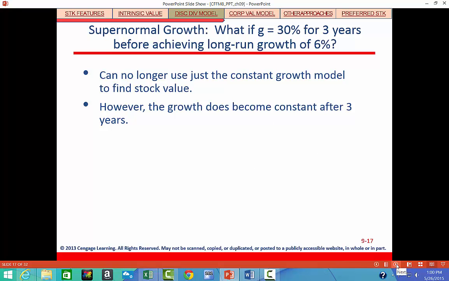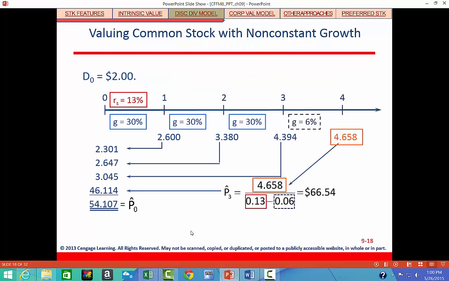So 30% growth for 3 years and then 6% growth thereafter. And the reason why a company might have this super high growth in the first 3 years is it could be a startup company where the growth is really high at first. So this looks really complicated, but if you just start from the beginning, you had the dividend of $2 that occurred at time 0, and this doesn't go into the calculation of the present value of the stock.